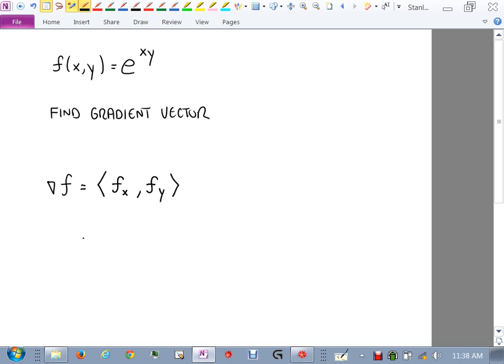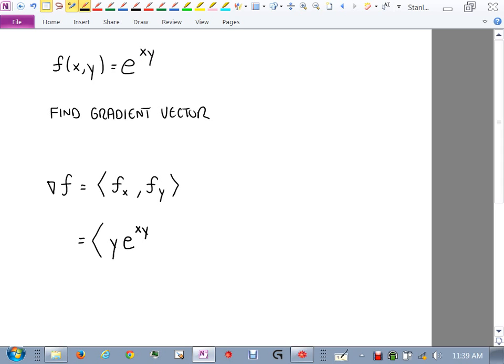So what is the partial of f with respect to x? You have to use some chain rule there, don't you? What's the derivative of e to anything? Itself, but then times derivative of what's up there. What's derivative of what's up there with respect to x? Y. So can I just write y e to the xy? Right?